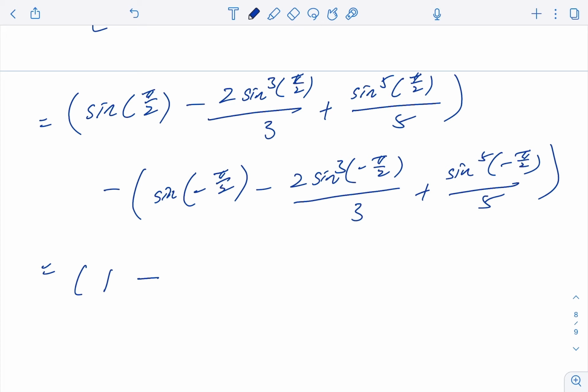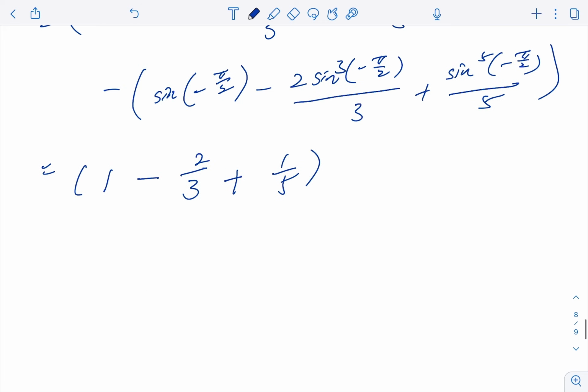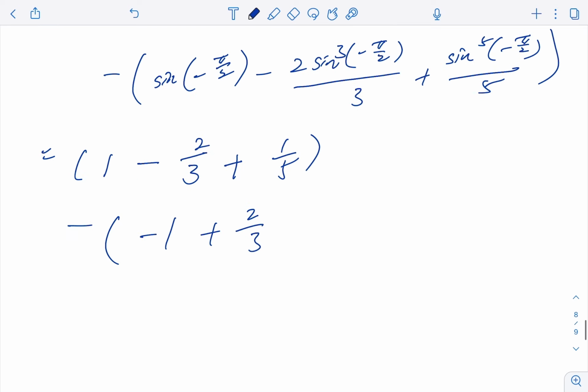And plus 1 over 5. Sine of minus pi over 2 is just minus 1, so subtracting it turns each term into its opposite.